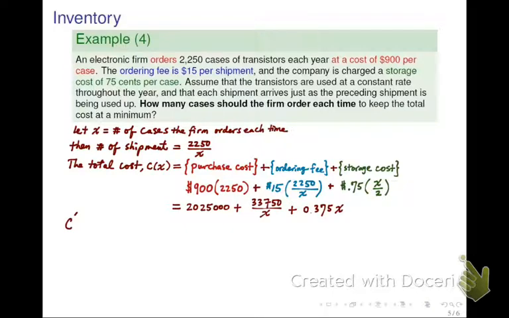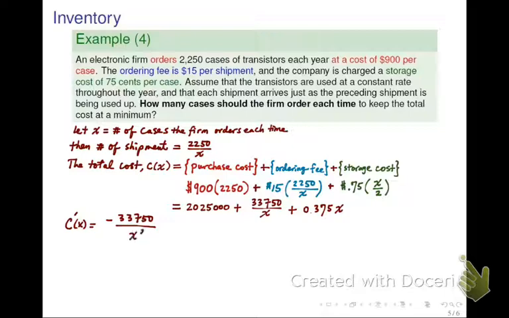So to minimize the cost, we're going to use the derivative test, which is one of the standard optimization methods. I'm going to take the derivative of the cost function. So the first term goes to 0 because that's just a constant. The second term, because it's written as 33,750 times x to the negative 1, when I take the derivative, I bring the negative 1 down, and then the x term becomes raised to the negative 2.